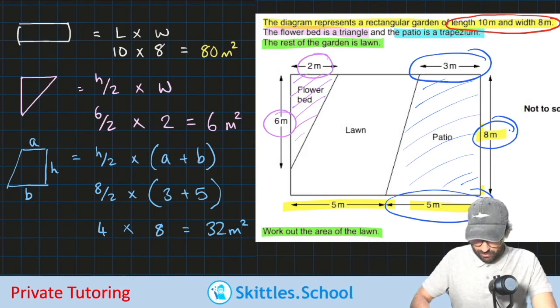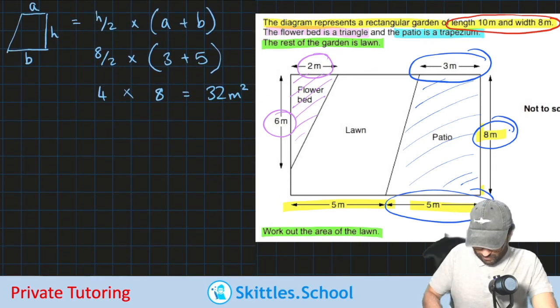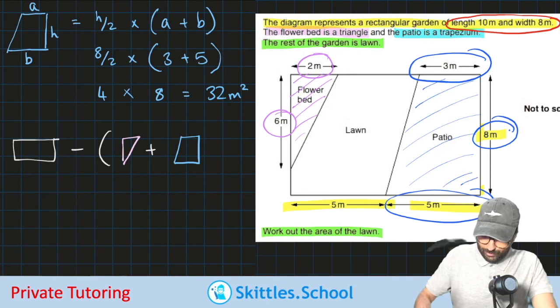If we take the area of the rectangular garden and subtract the area of the flower bed and the area of the patio, that'll leave us with the lawn.